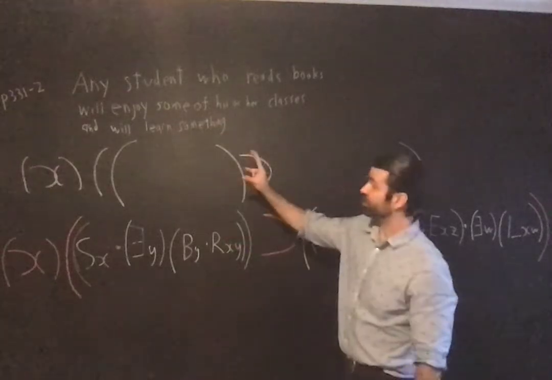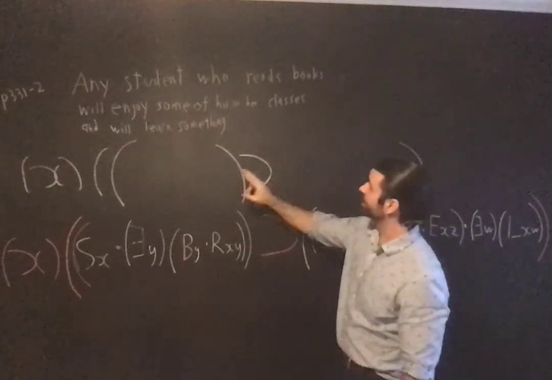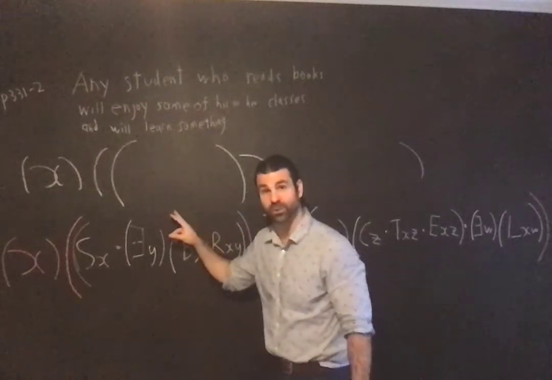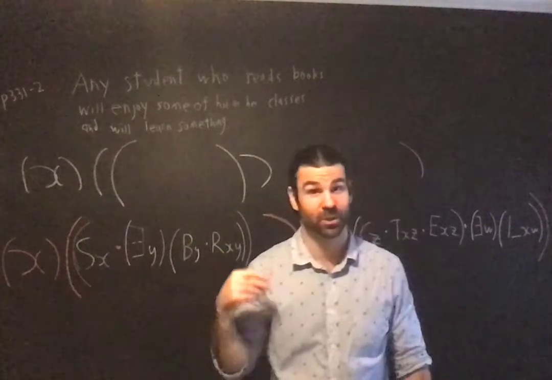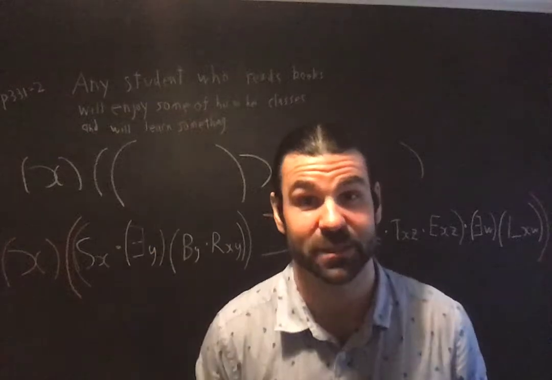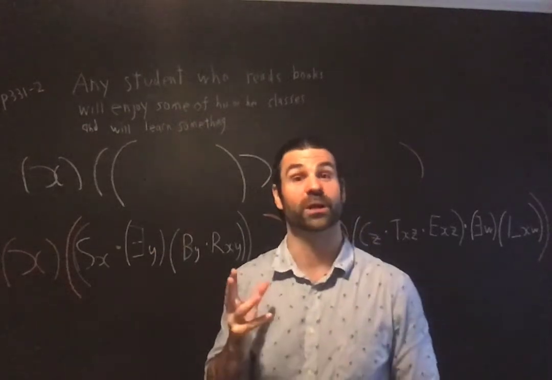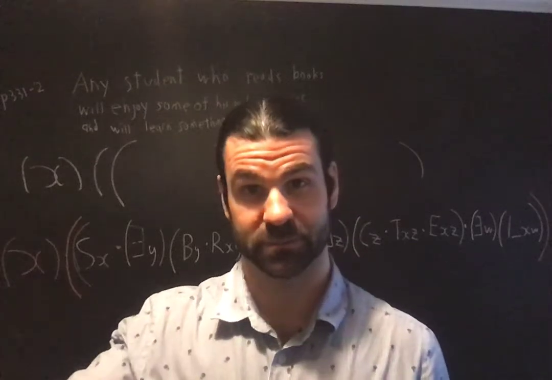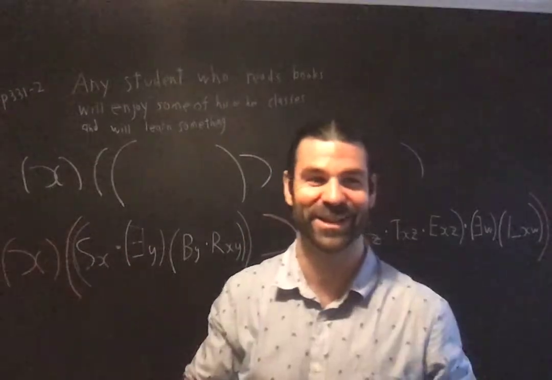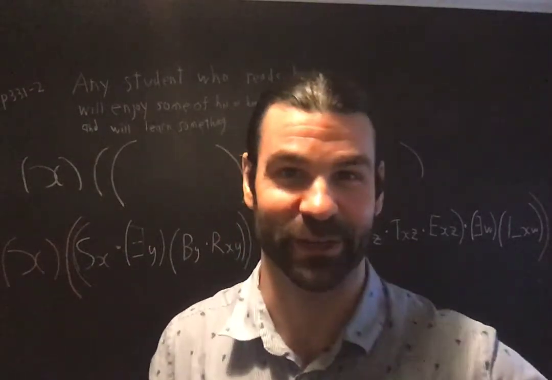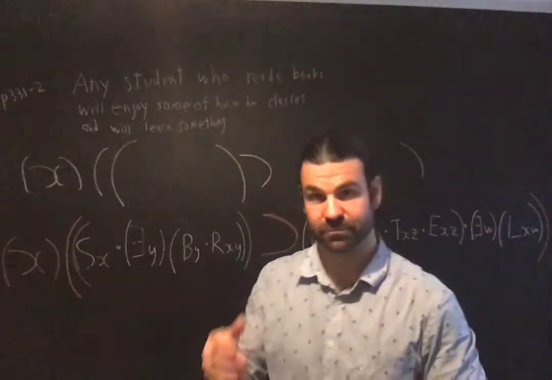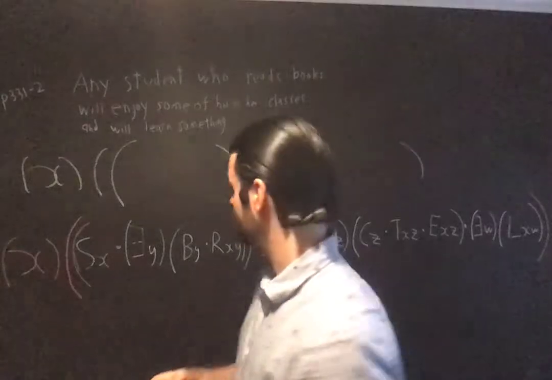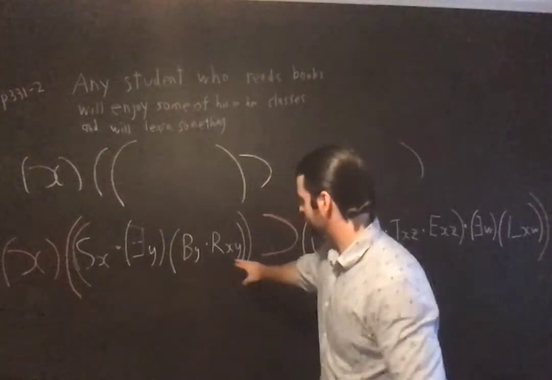All right, notice the predicate phrase. So it's x is a student and x reads books. Okay, x reads books. What kind of being is reading, right? Reading is a transitive verb, right? Well, sometimes you can say that you're just reading, but you read something, right? You're reading a particular thing. We're going to have Rxy, a relation.